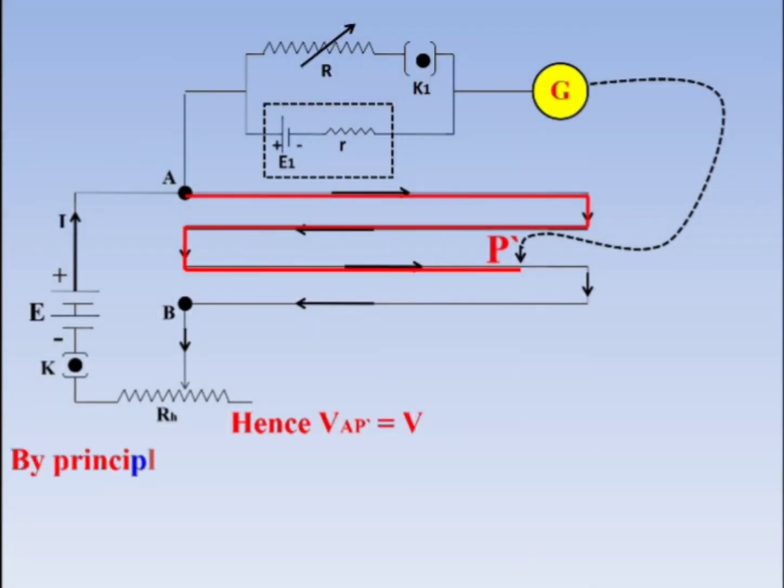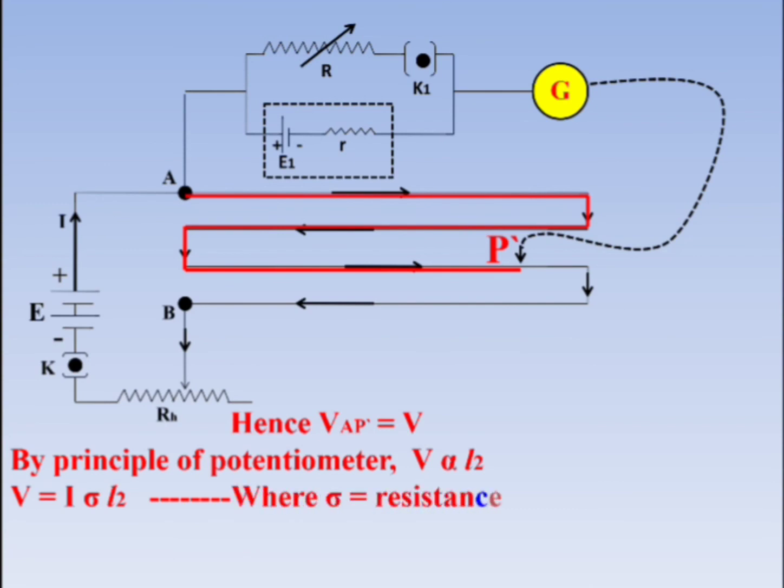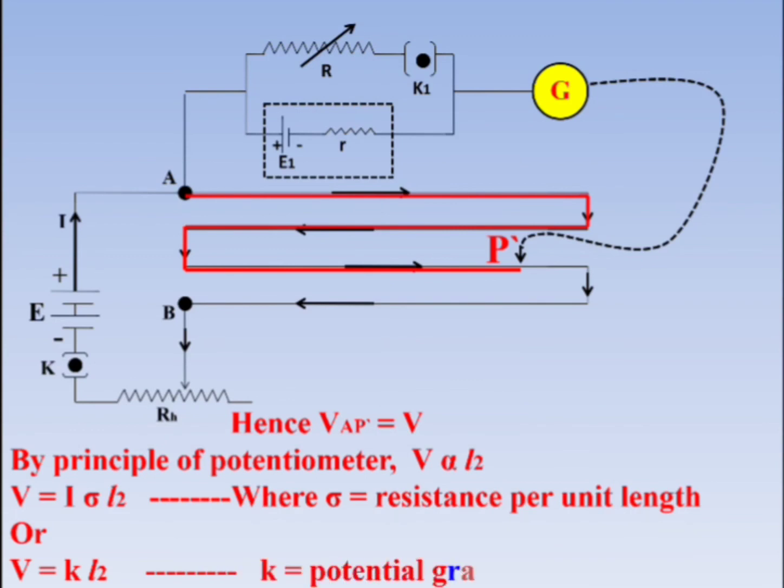Therefore, according to the principle of the potentiometer, V is directly proportional to L2. Therefore, V is equal to I sigma L2, where sigma is the resistance per unit length of the potentiometer wire. Or we can write V is equal to K L2, where K is the potential gradient. Let this be equation 2.